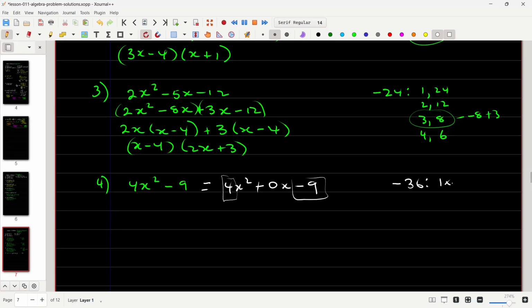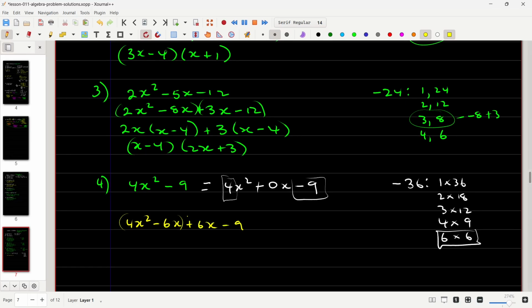Factors are 1 by 36, 2 by 18, 3 by 12, 4 by 9, 6 by 6. And when I add these together, I will get 0, right? So if I take a negative 6 and a positive 6, I will get 0. So I'm using that to split, and I will get 4x squared minus 6x plus 6x minus 9.